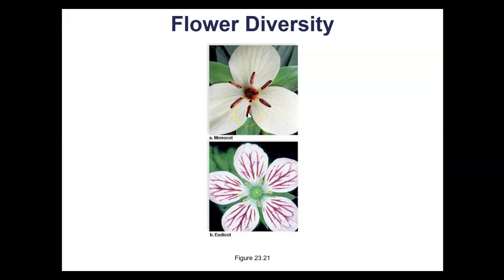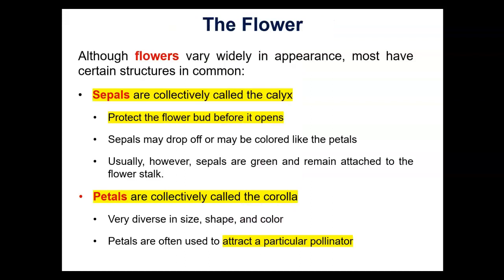This monocot has 1, 2, 3, 4, 5, 6 male structures called stamens, and the part I was pointing to is called the anther. But the male structures down here on the dicot, there are 5 of them. So those are just some things that help you to understand differences between the two.